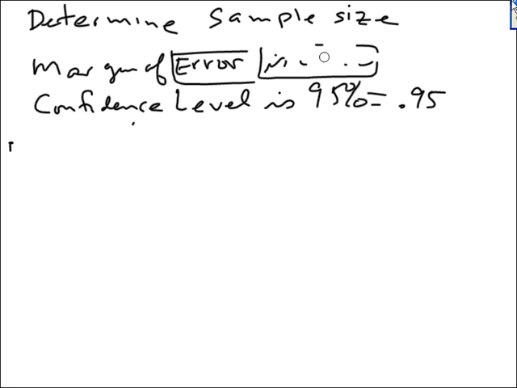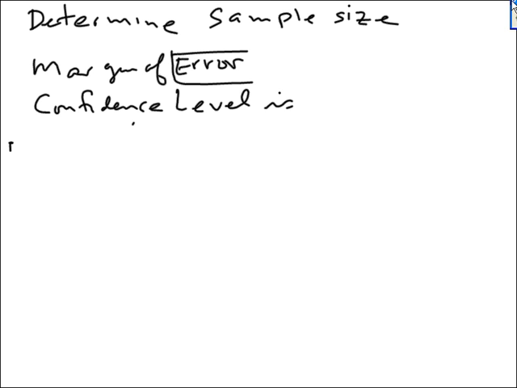So let's do another one where this information is known, or can easily be obtained. Suppose the margin of error is 0.05, 5%, and the confidence level is 90%.